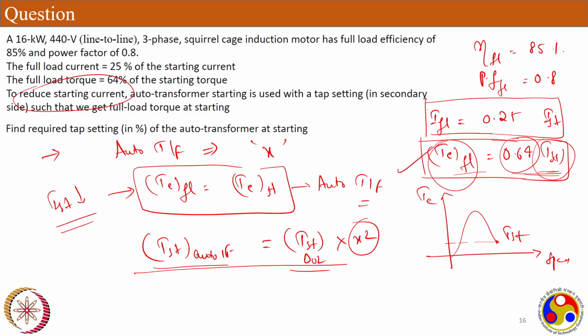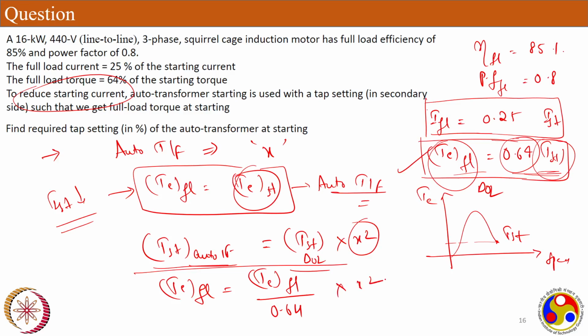This is in the DOL and this is in the auto transformer. In the auto transformer, your starting torque is nothing but the full load torque. But in the DOL, your starting torque is TFL upon 64%, that is full load torque divided by 0.64, multiplied by X square. So these two get cancelled, and from here you can find the X square.